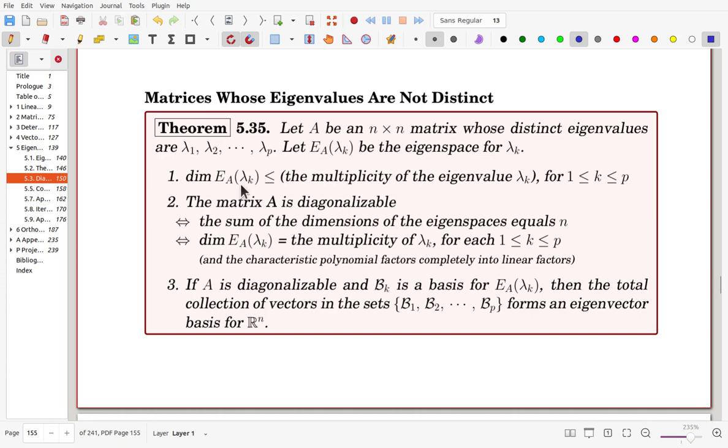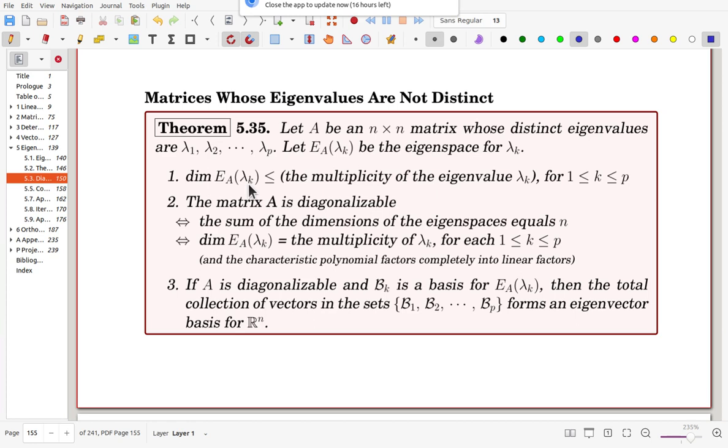For example, if the multiplicity of lambda k is 2, then you can find at most 2 linearly independent eigenvectors for that eigenvalue.